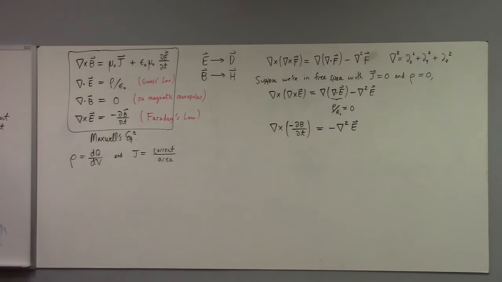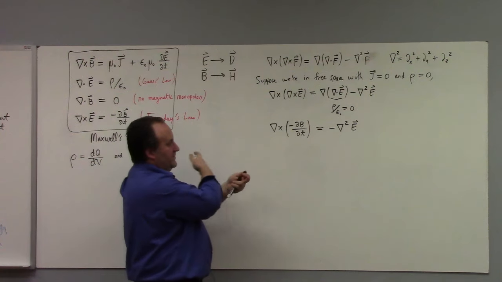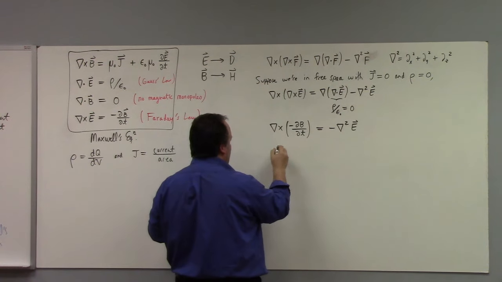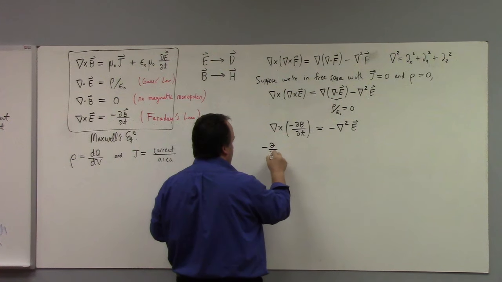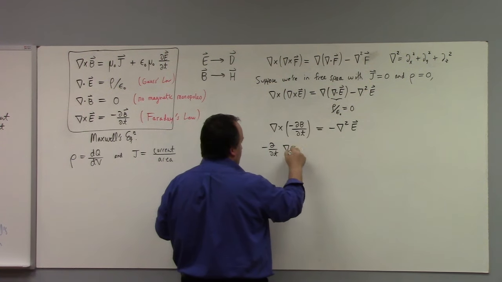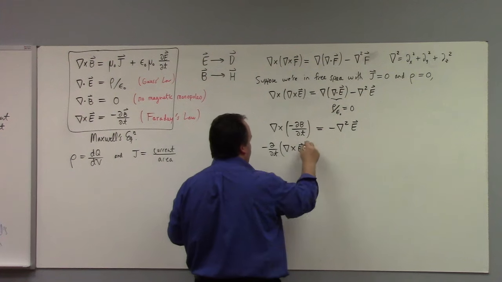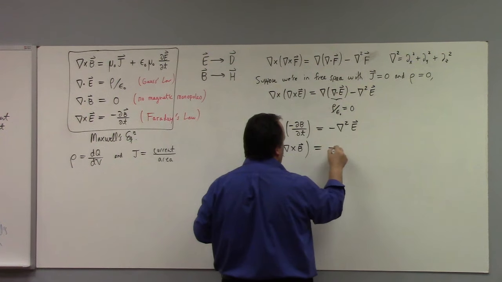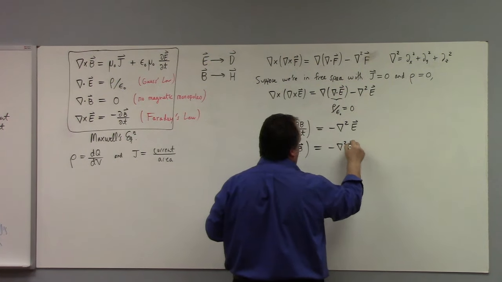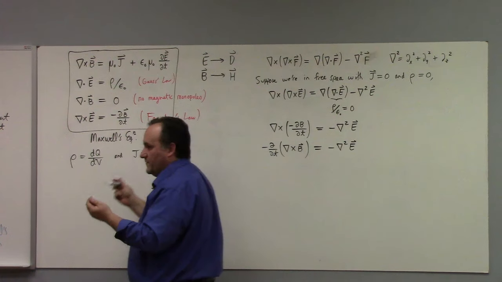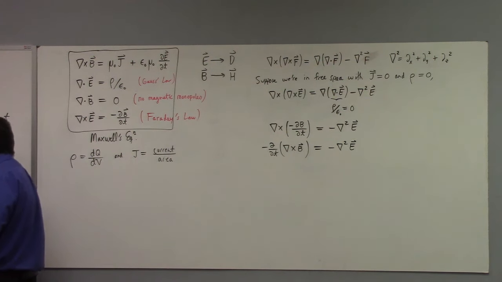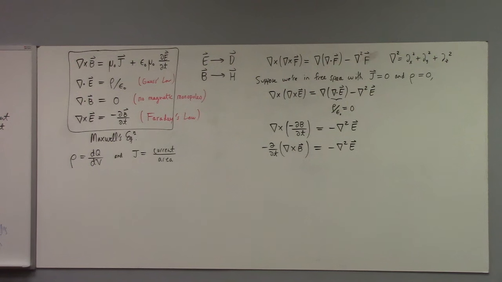The curl is partial derivatives with respect to your spatial coordinates, x, y, and z, right? And you can commute the order of partial differentiation, right? So this is really the same as minus partial t of the curl of B. What's the curl of B? I'm commuting the order of partial differentiation there. That's something you learned in Calc 3, I'm pretty sure.